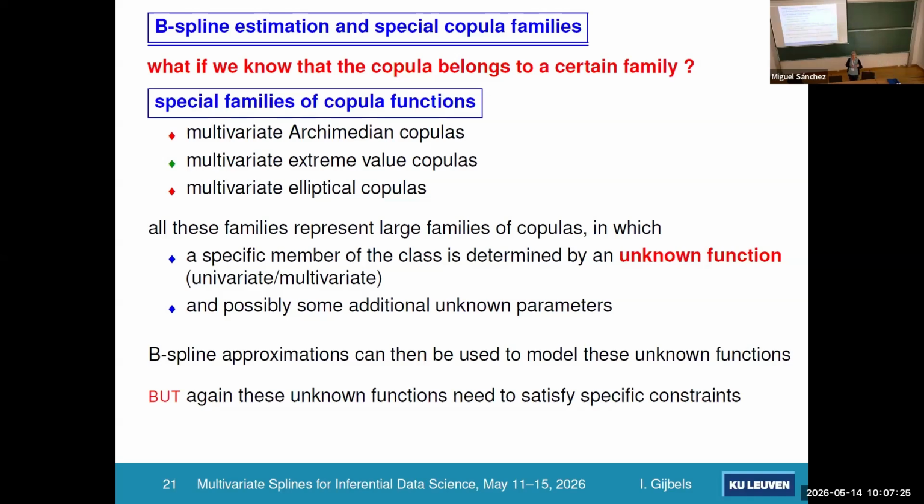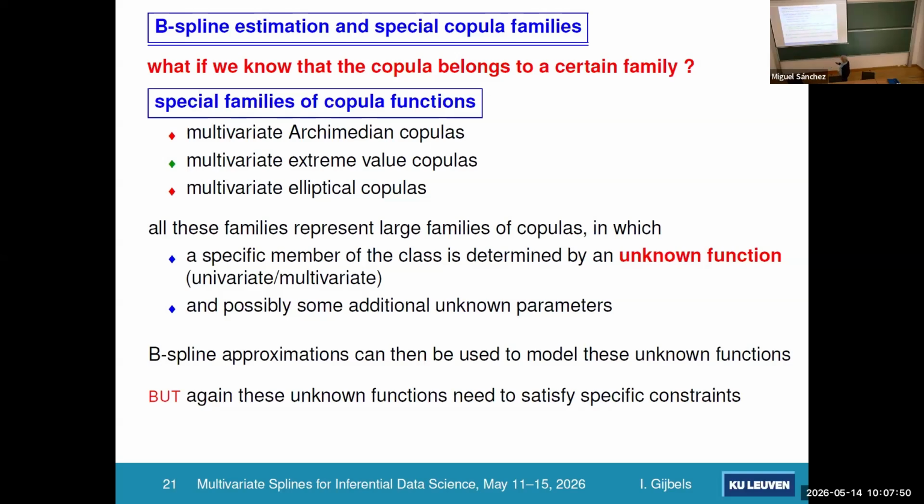For example, the Gaussian copula is an example of that, the Student t copula is another one, etc. So these are large classes. What is very special in each of these large classes is that it depends on an unknown function, univariate or multivariate, that you then have to estimate. There is this additional structure that's important.